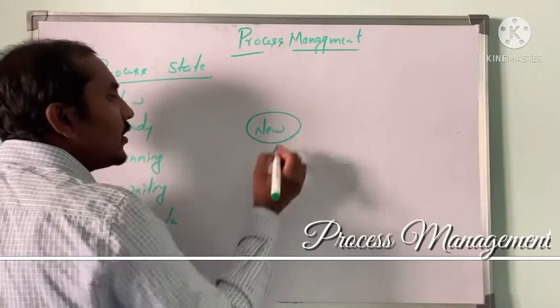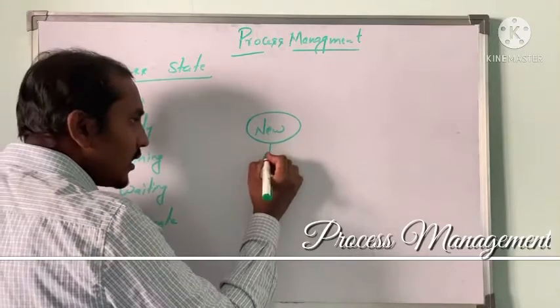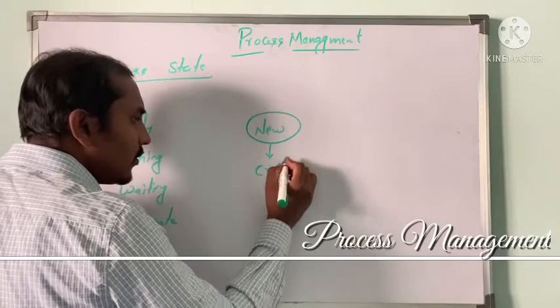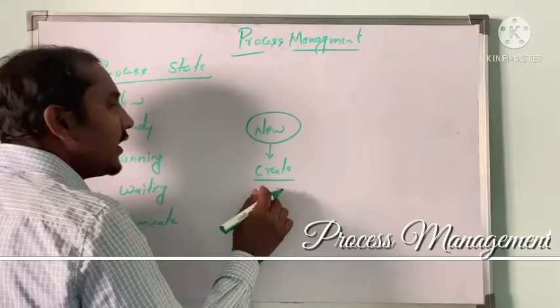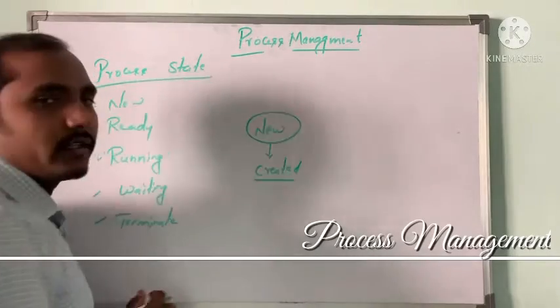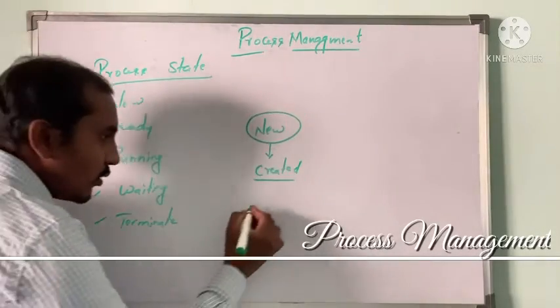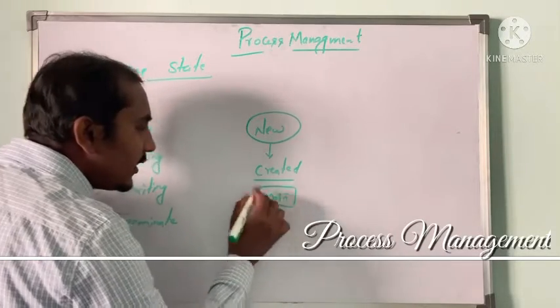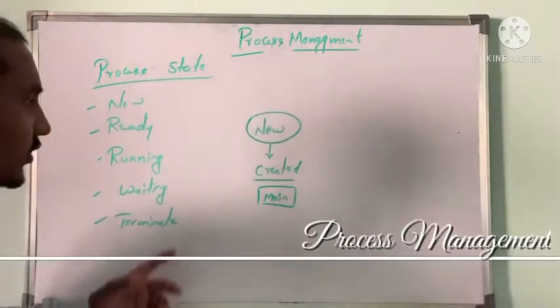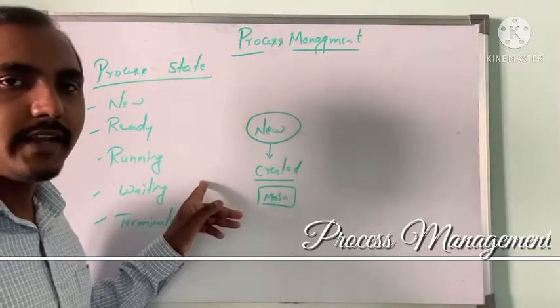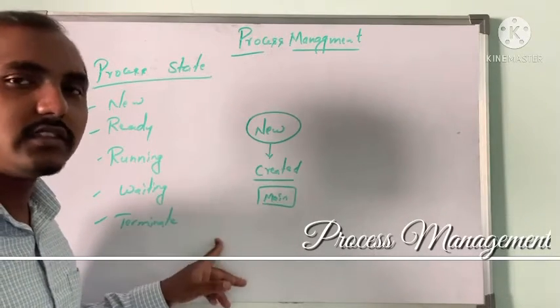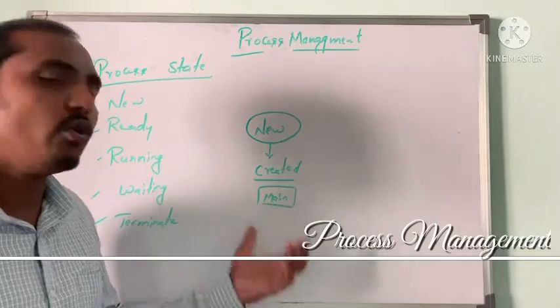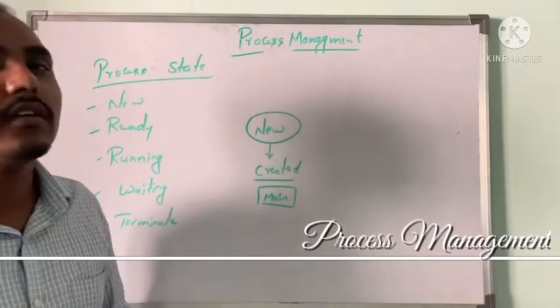What is the new state? Once a process is created, it will be in the new state. In the sense, the process will be loaded onto your main memory. Once it is loaded onto main memory with its components, like what we have discussed, object code, data, resources required, and status, everything will be loaded onto the main memory.